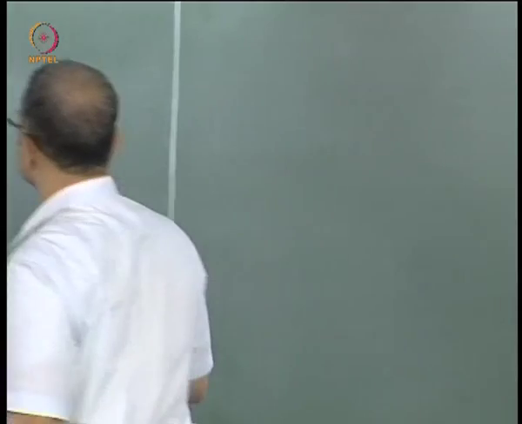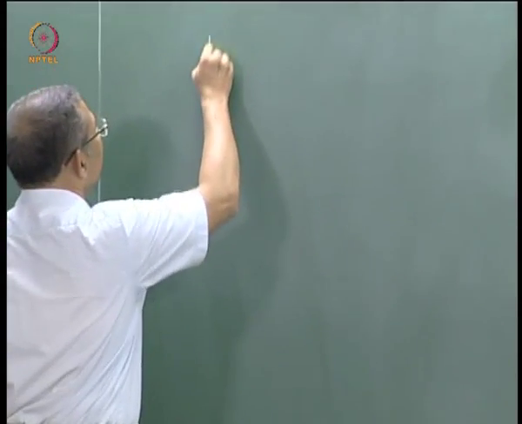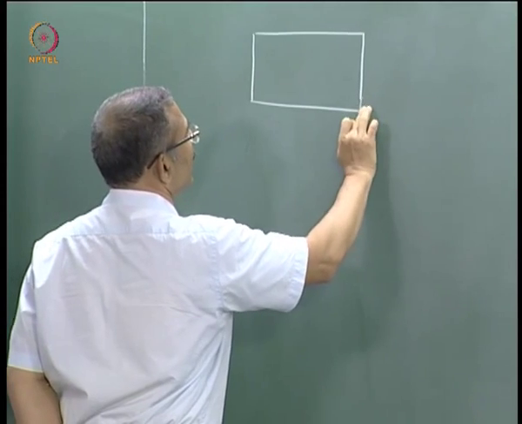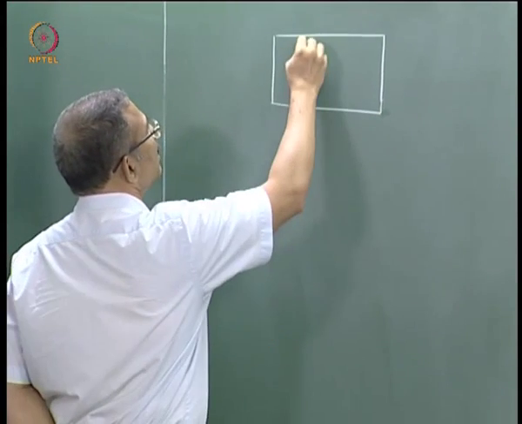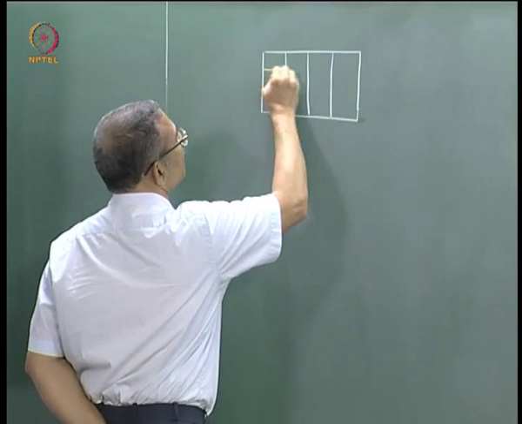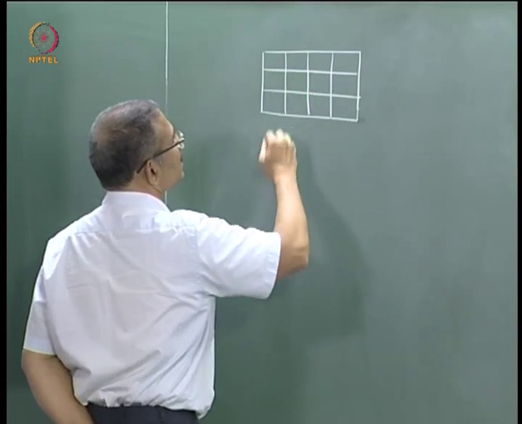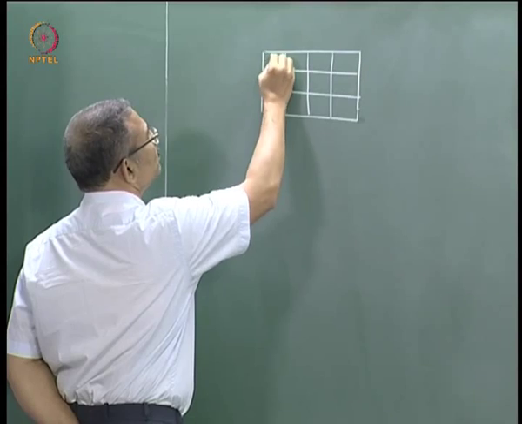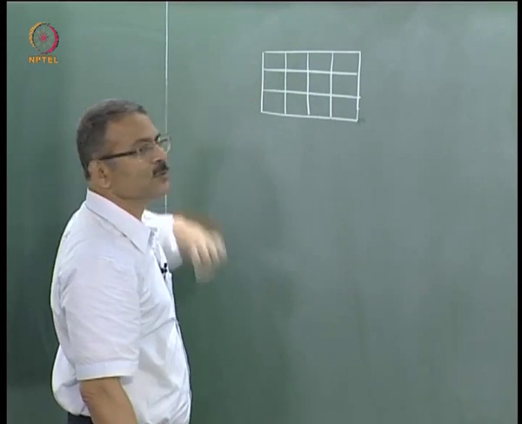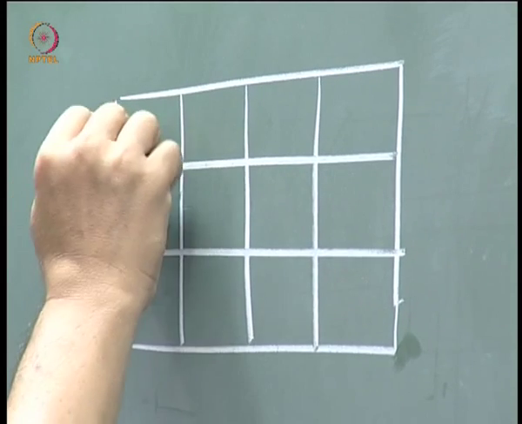So now suppose this is our device, and we divide this device into local volumes like this. Now we look at a volume here and we look at the electrons which are present in this volume.